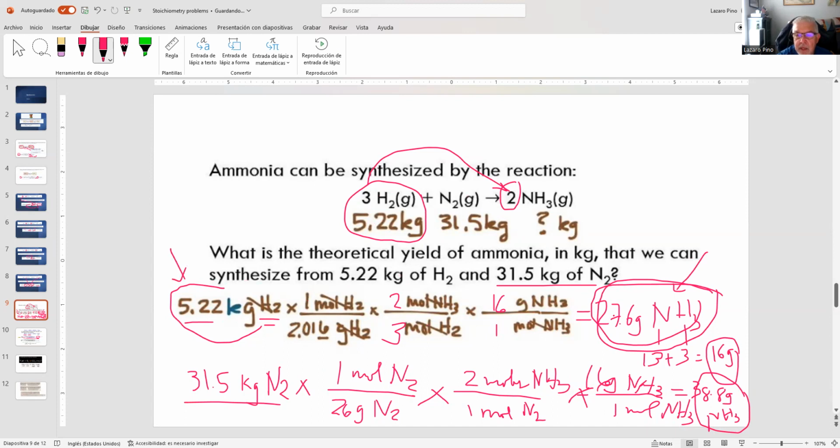So you consider that hydrogen is the limiting reactant, and the amount of ammonia that you can produce from this amount of hydrogen is the theoretical yield.